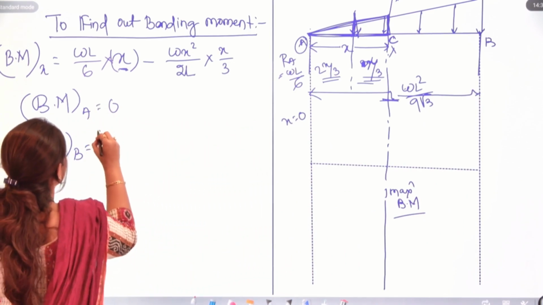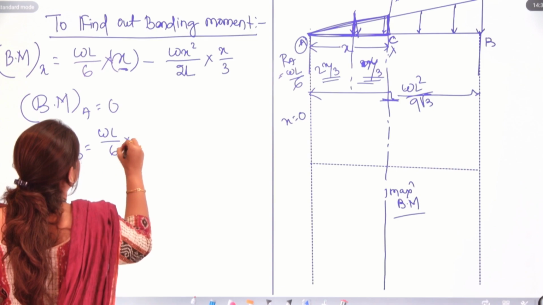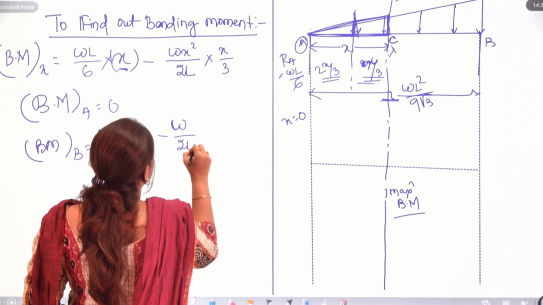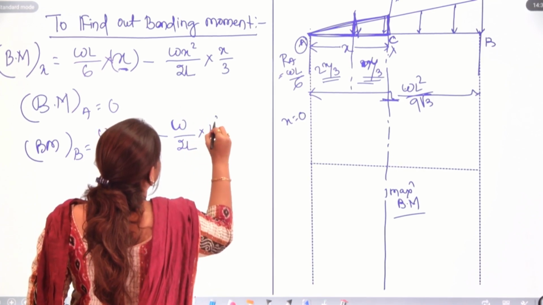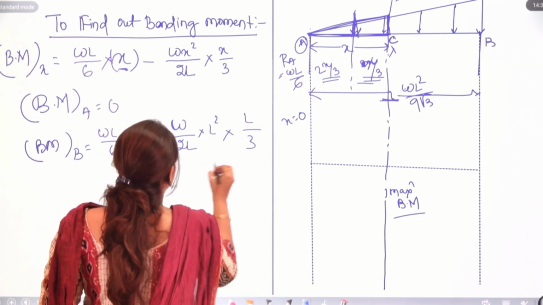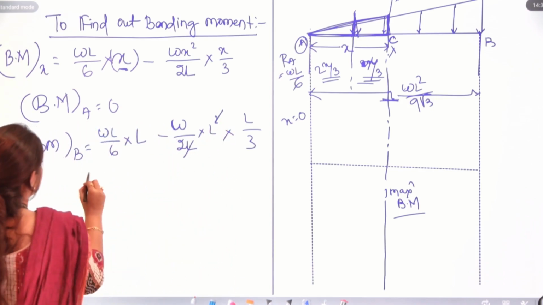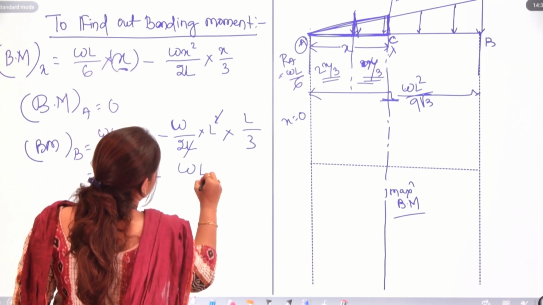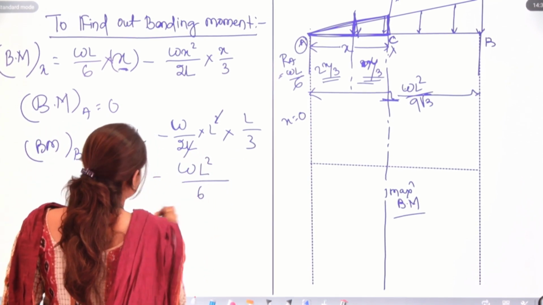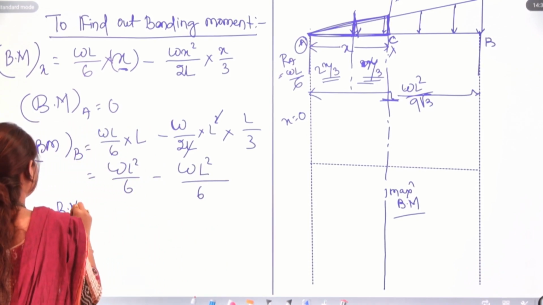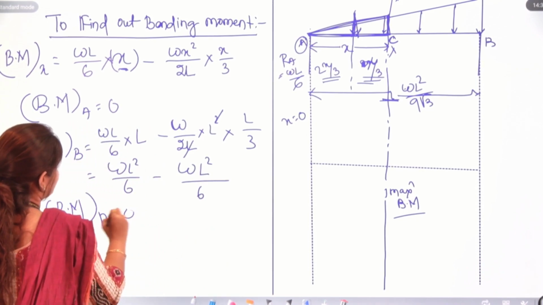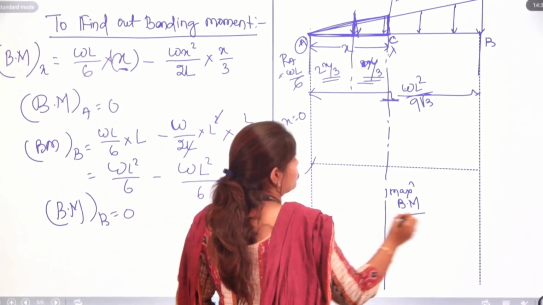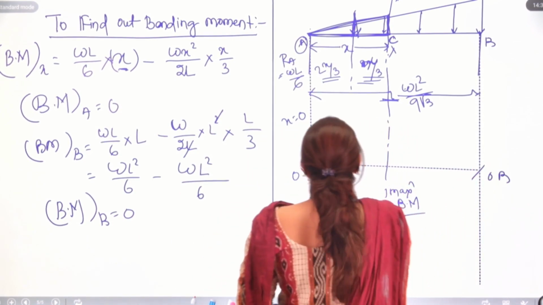So WL by 6 into L minus W by 2L into L square into L by 3. L cancels. Now WL square by 6 minus WL square by 6. So bending moment at B is also 0. At both the supports we have bending moment 0.